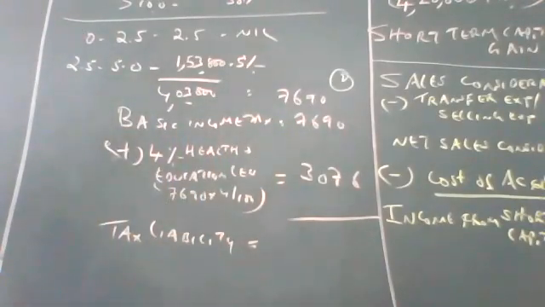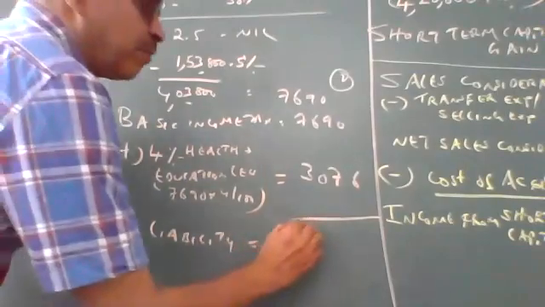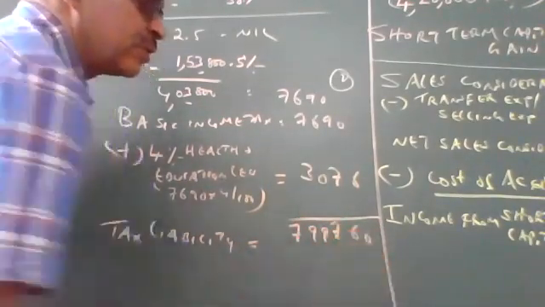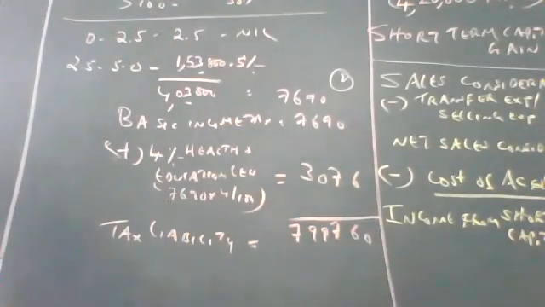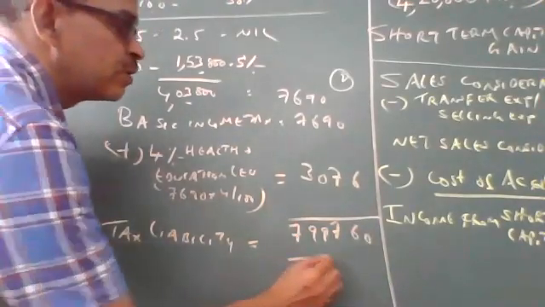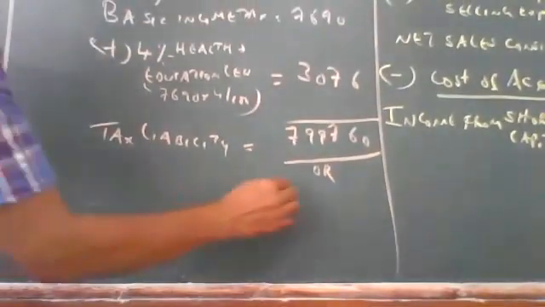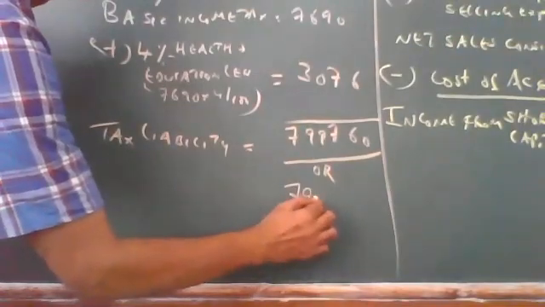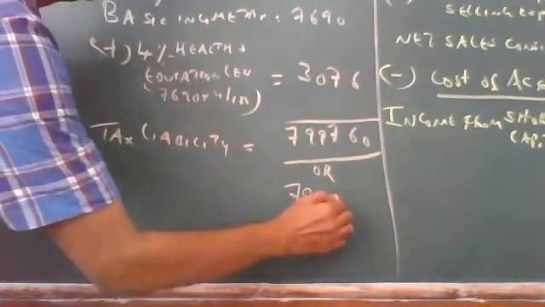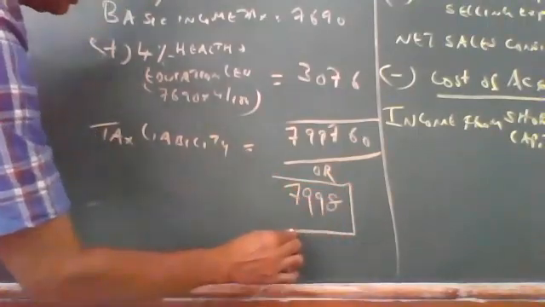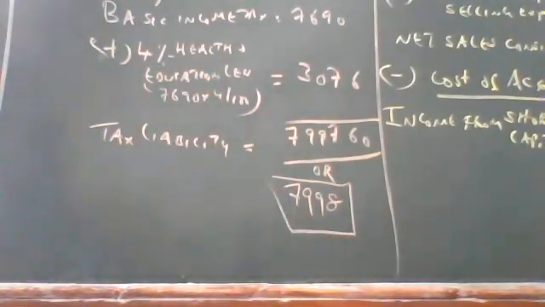So 7,997.6. Don't minus it. We'll round up to the nearest value, which is 7,998. This amount you have to pay. This is the tax liability. Okay, this is how to compute tax liability.